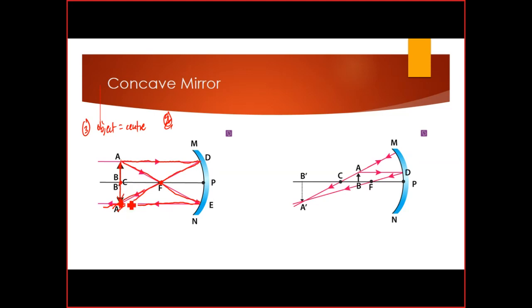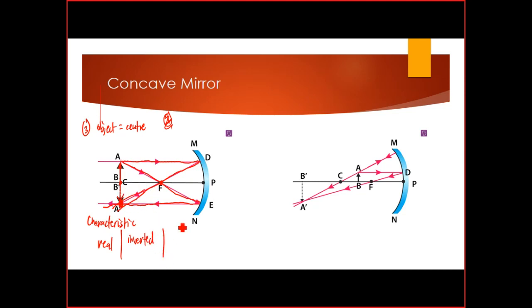So what are the characteristics of this image? This image is at the front of the mirror, so it is real. Other than that, it is inverted because you can see the object is going up, the image is going down. And then what else?